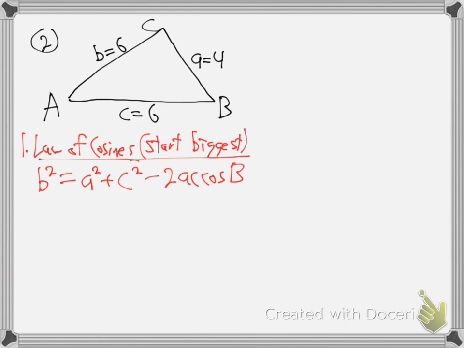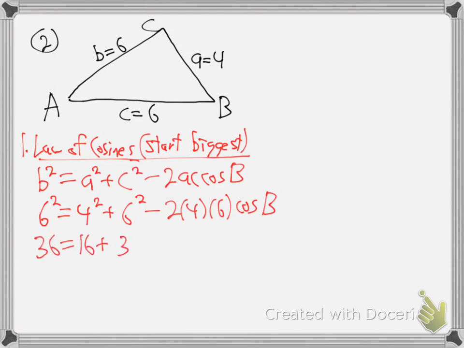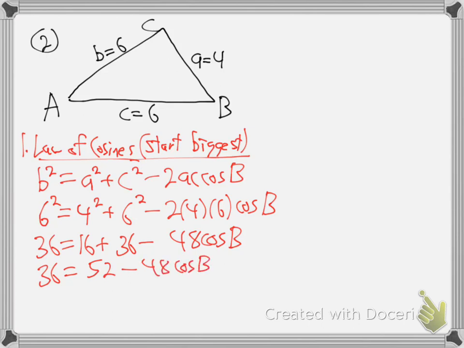Okay, let's plug in what we got. This is 6 squared, 4 squared, C squared is also 6 squared, minus 2 times 4 times 6 cosine B. So that's 36 equals 16 plus 36 minus 48 cosine B. And then that's 36 equals 52 minus 48 cosine B. Okay, so we're trying to solve there for cosine B, right?